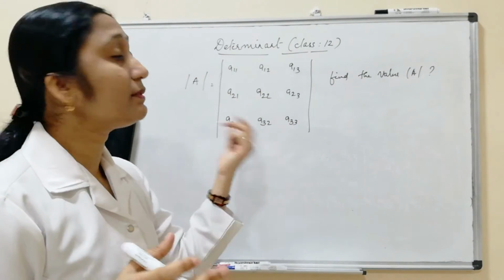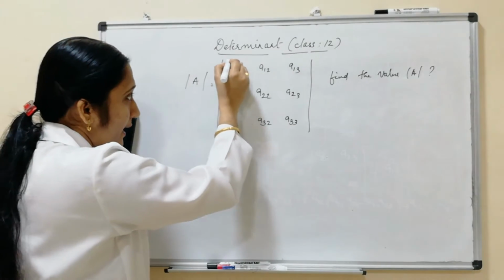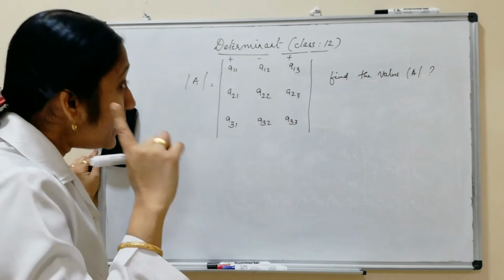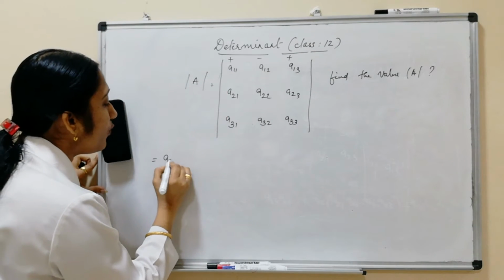But in the case of an order 3 matrix, first of all you have to put plus here, minus here, plus here. Next, take the first element, that is A11.